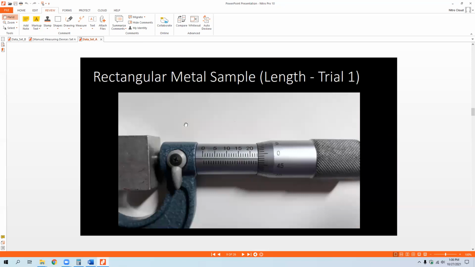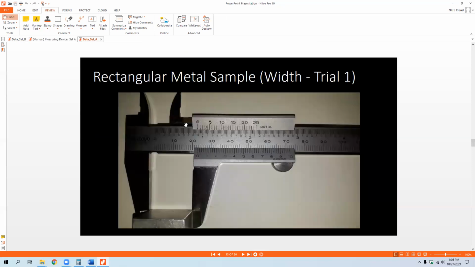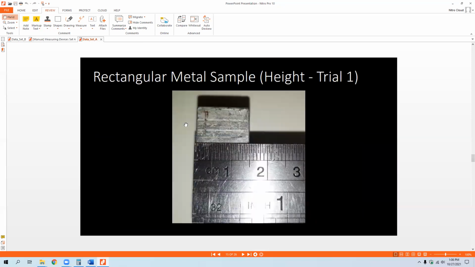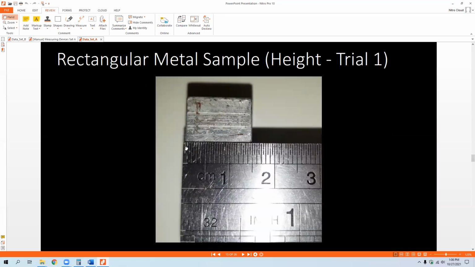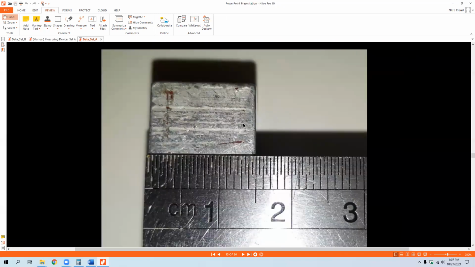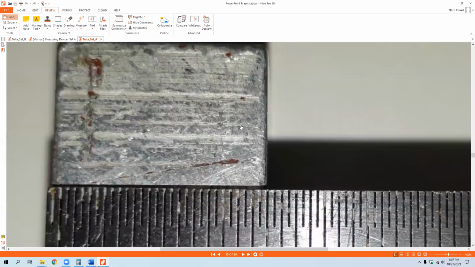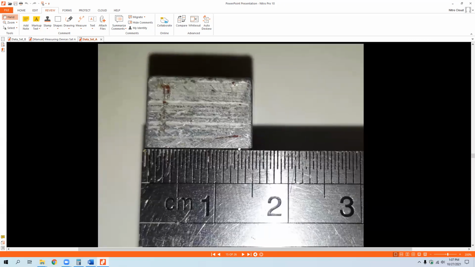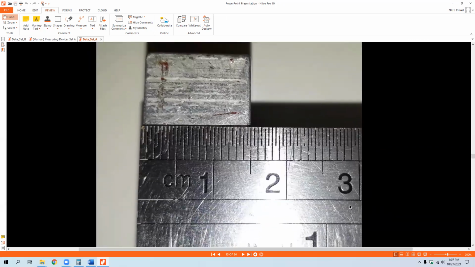So for our rectangular metal sample, let's look for a ruler measurement. As I said dun sa mismong meeting natin, a good way to do this experiment is by zooming in para makita natin in more detail kung ano ang measurements natin.